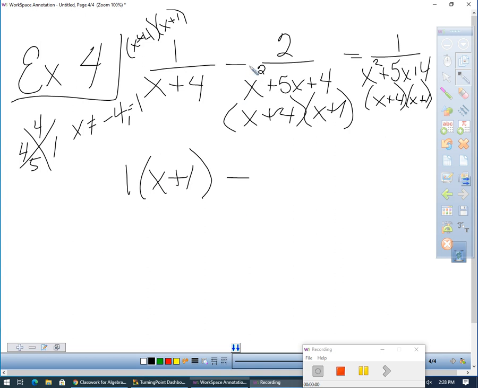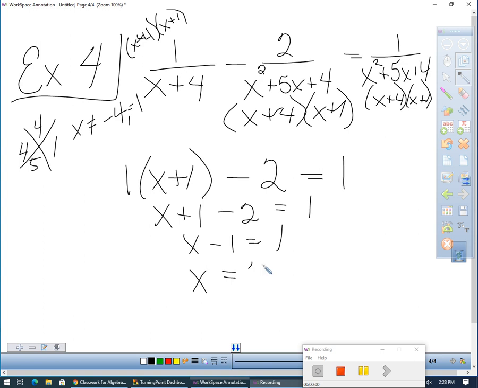Minus 2. I have both of them. Very good. Equals 1. Because again, we have both of them in the denominator. So we have x plus 1 minus 2 equals 1. So x minus 1 equals 1. X equals. Was that one hard? No. It looks difficult.